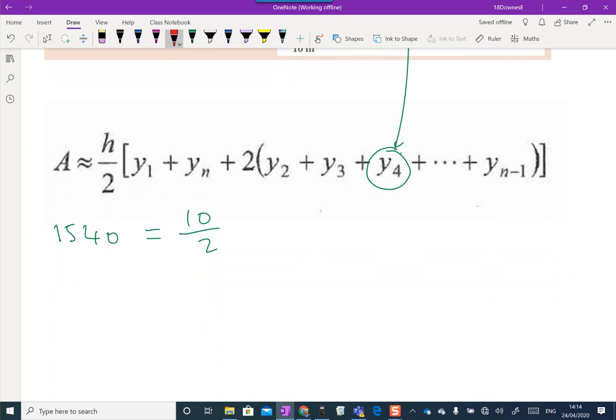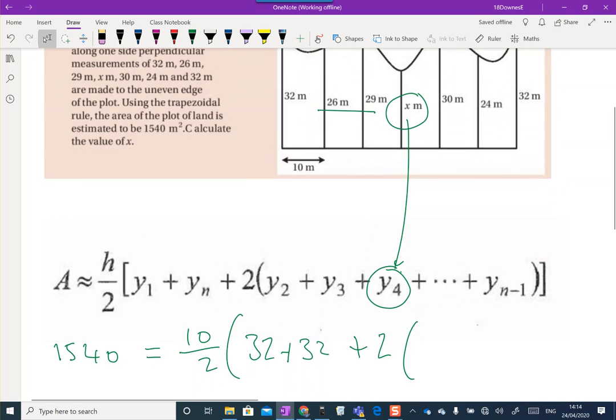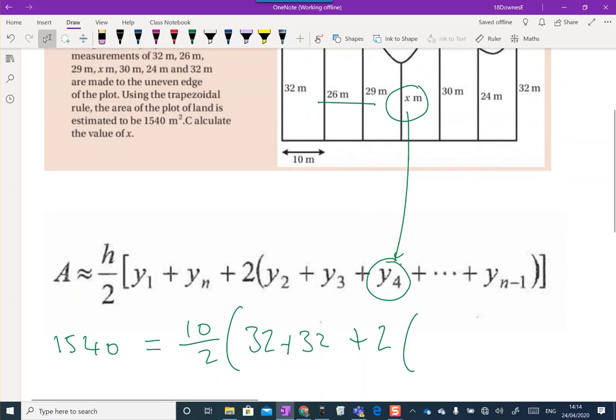Okay, so we move on in here, and we will try and make these things stay beautiful, so we'll not have a whole harlequin of colors. 32 and 32, and double. And we're doubling into certain values which we lift from the data, which is 26, 29, 30, and 24.